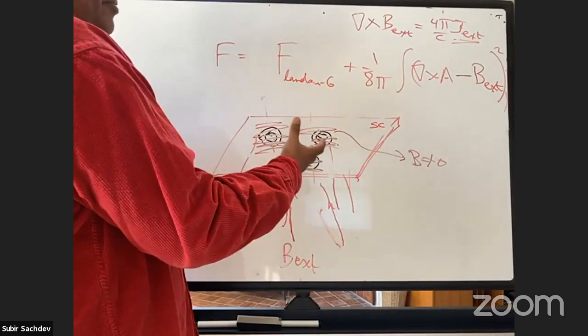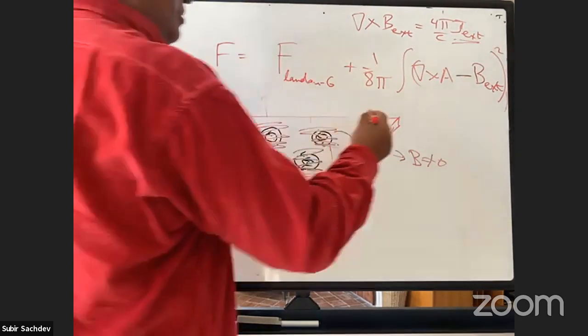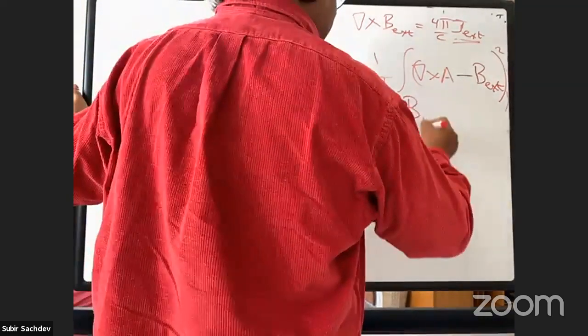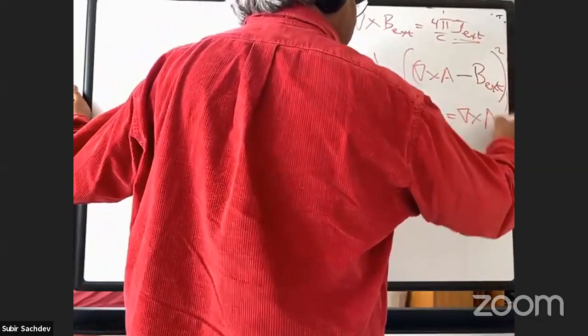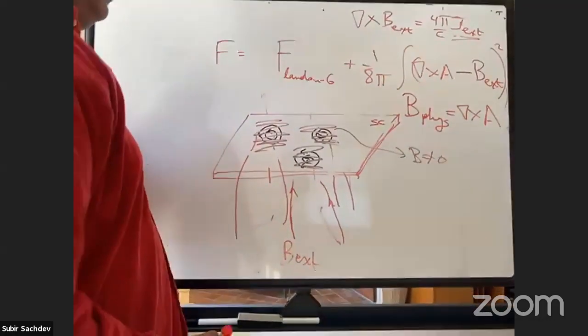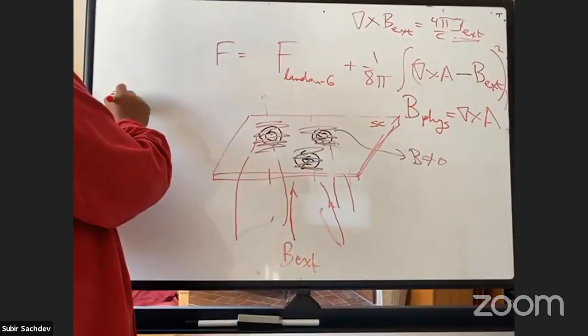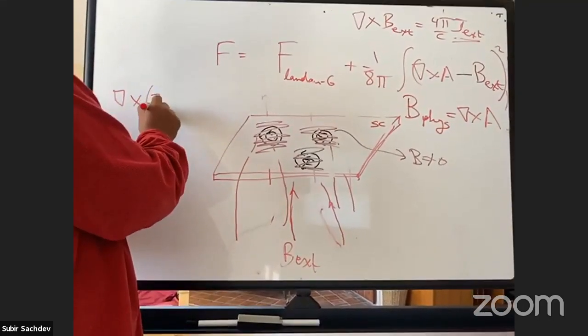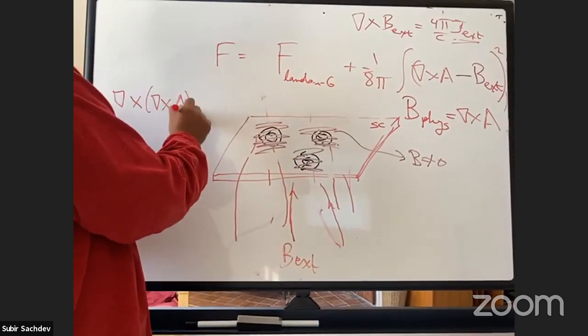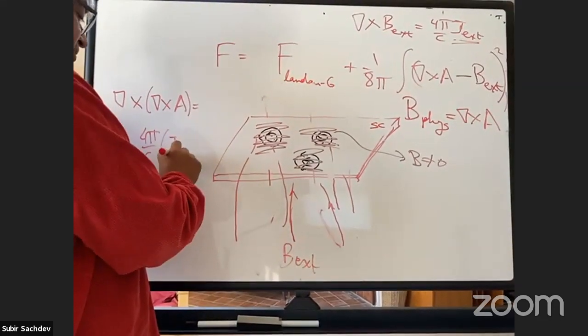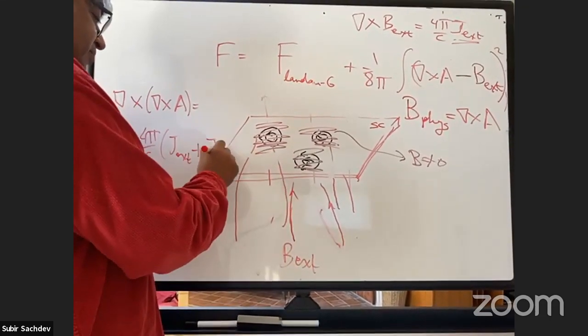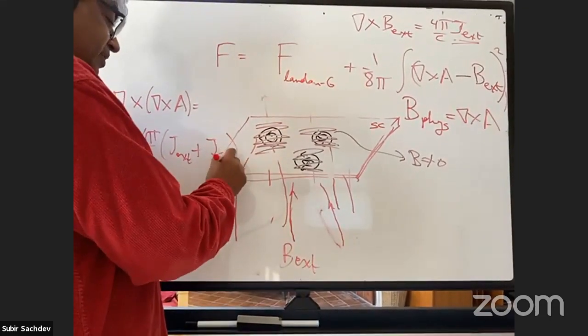So I want to figure out the physical magnetic field, the full B. There's only one physical field, that's del cross A, and I want to figure that out. The actual Maxwell's equation is del cross A is 4 pi over c times Jx plus J superfluid, both such terms.